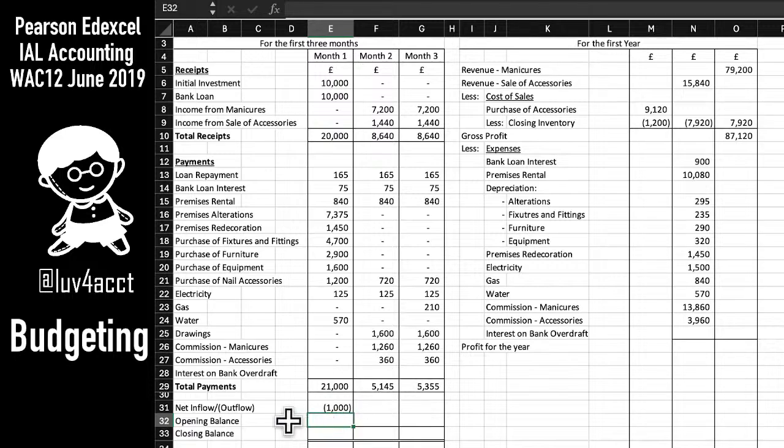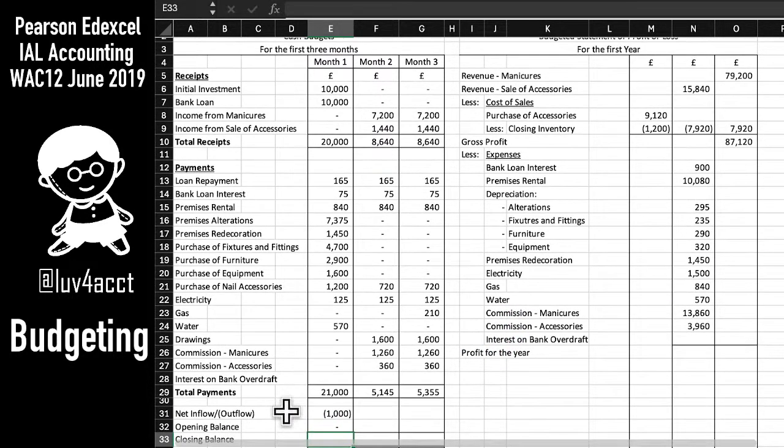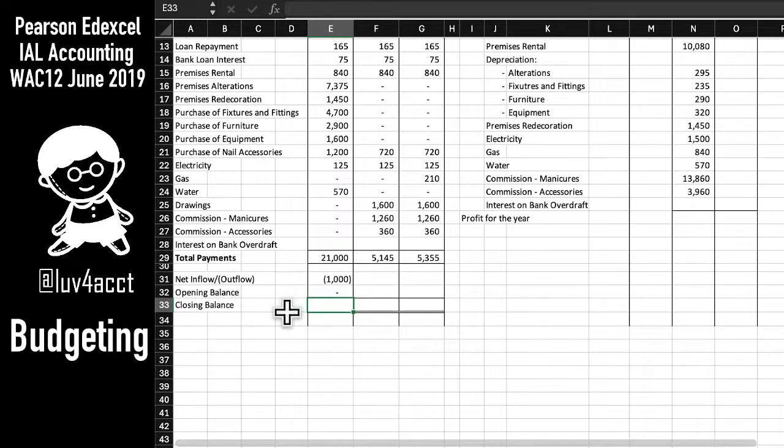It will be negative 1,000 for the first month. So we don't have anything at the start of the business. Let me scroll a little bit down here. Because we only get the investment from Marina on the first day of month 1, and also the bank loan, so nothing at the beginning of month 1.